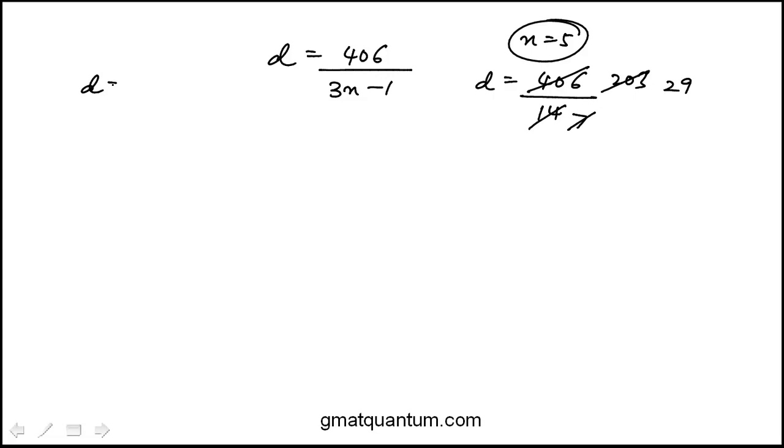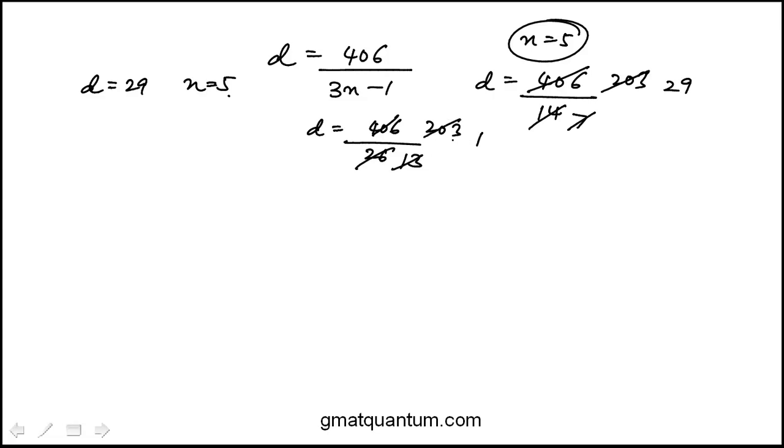Of course, I'm just going to warn you that this is a trap, because anytime I plug in values, I'm going to compute all of them. So d is 29, n equal to 5. I'm going to do the rest of them. And at this point, it's kind of just grunt work. N is 9, so 27 minus 1, 26.